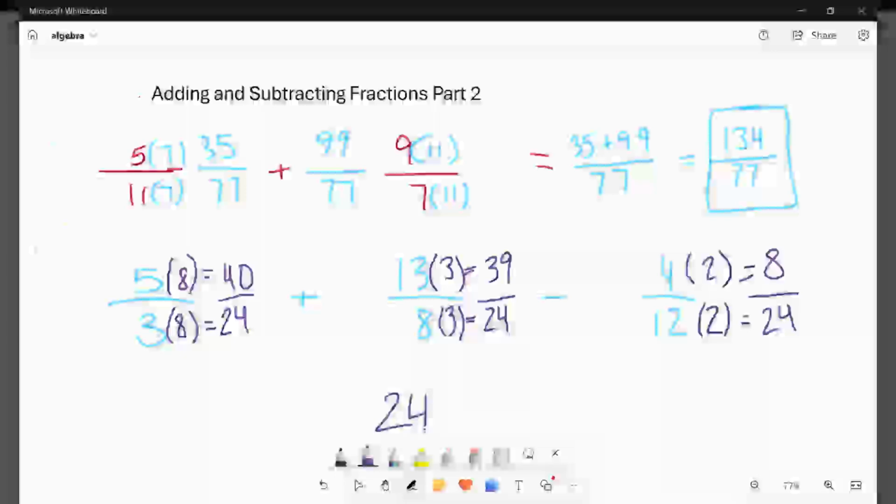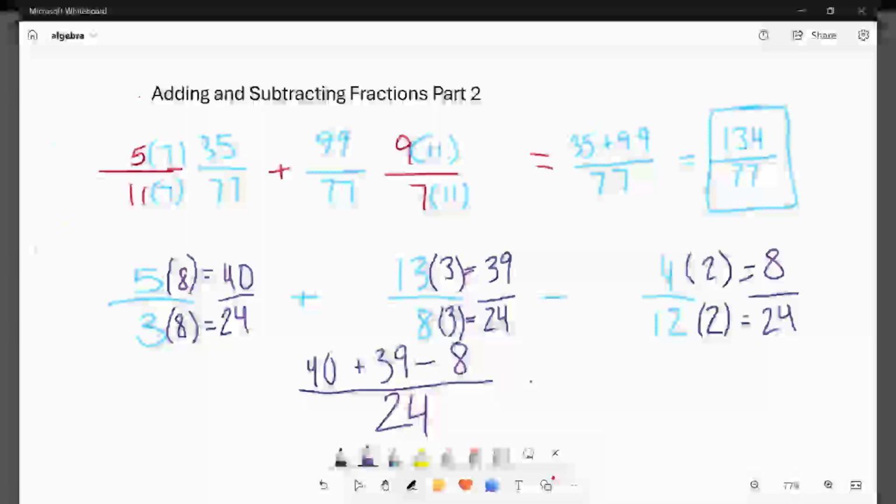All right, now is the final combination. 24 we know is the bottom, and we have 40 plus 39 minus 8.